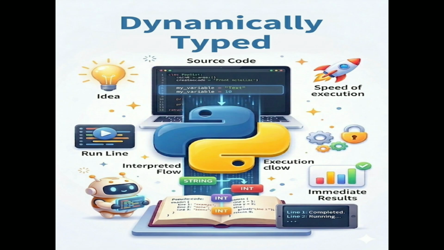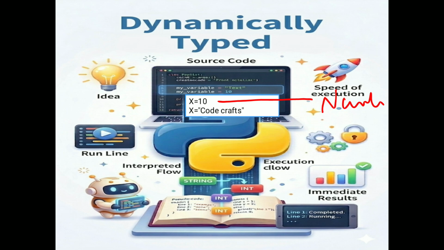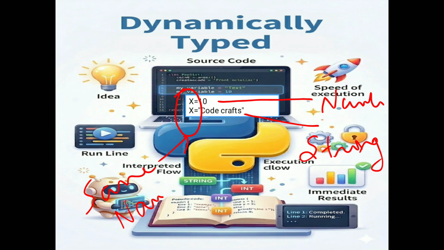Python is dynamically typed, which means if we declare two values, one is a number and second is a string, to store both values we use the same variable name. 10 and codecraft are both stored in x.